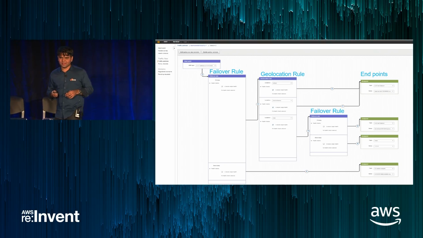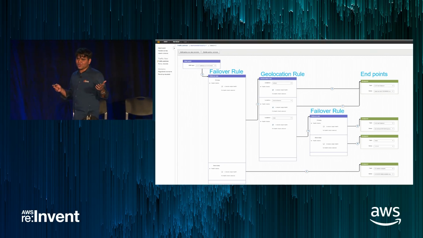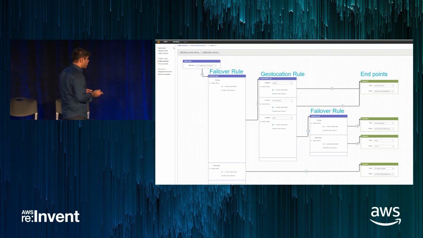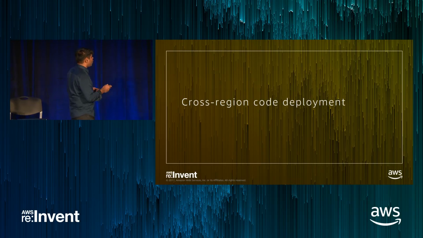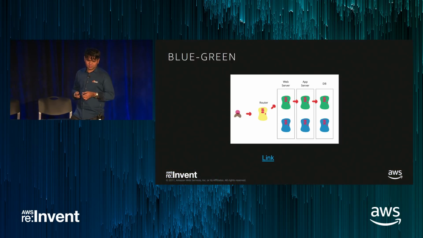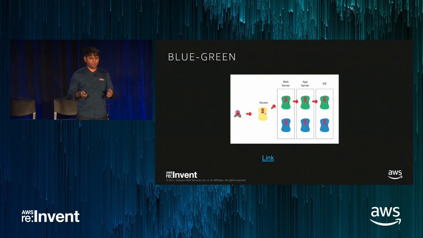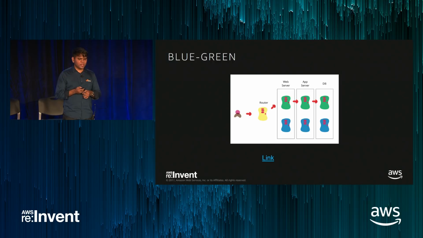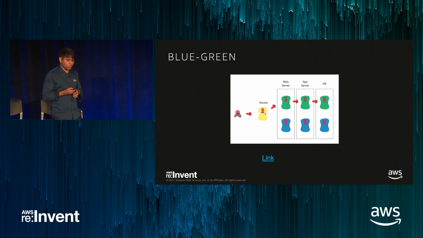I love it. So now we saw how we segregate the traffic, right? Let us now take a look at some other operational things. How do you do cross-region code deployment? As Darian spoke in detail, you should either do blue-green deployment, where you create another environment, make sure that it is working fine, and switch all the traffic over to it.